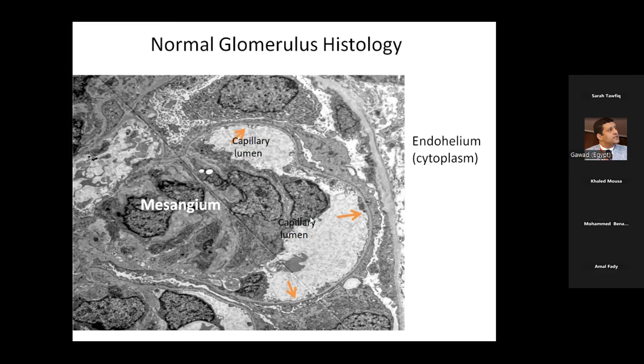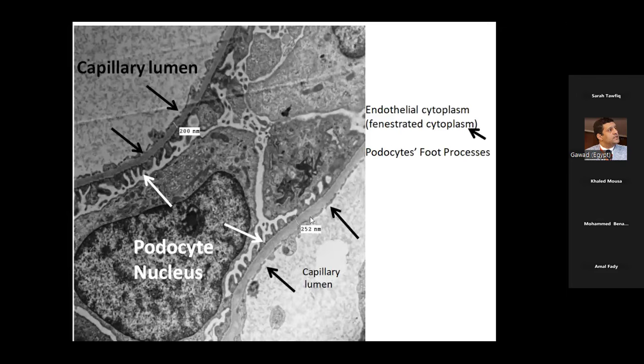Higher magnification will show us this fenestration. Are these fenestrations clear for you? It's a thin layer inside the capillary lumen, a thin layer of cytoplasm with pores in between.